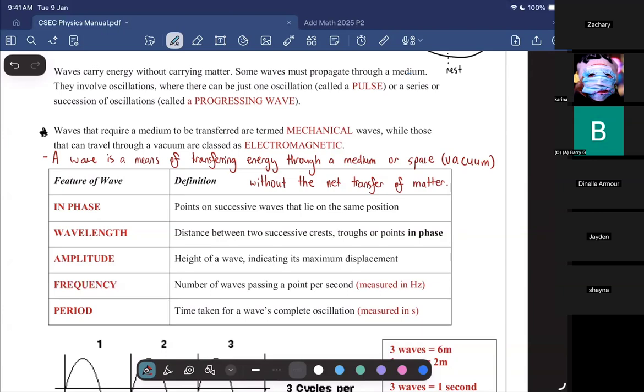If I say I'm transferring matter, doesn't that mean I'm taking it from one position, carrying it to another position and leaving it there? But with the speaker, is it really transferring it or just causing it to move about the same position? Exactly. So I hope I demystified the confusion, because when you read it, that part is confusing.